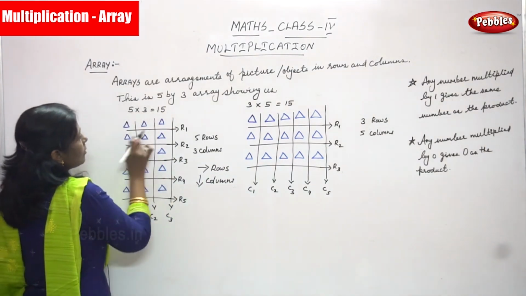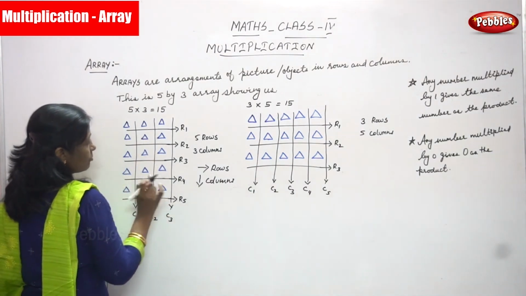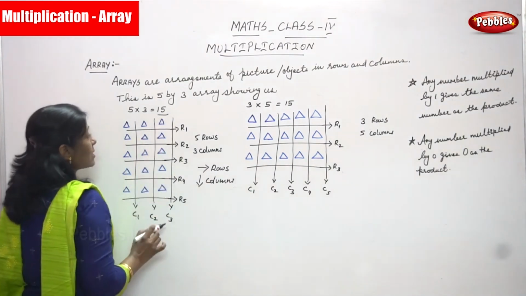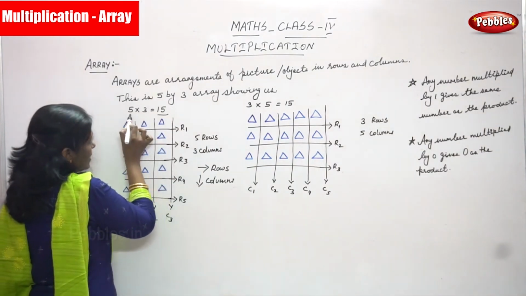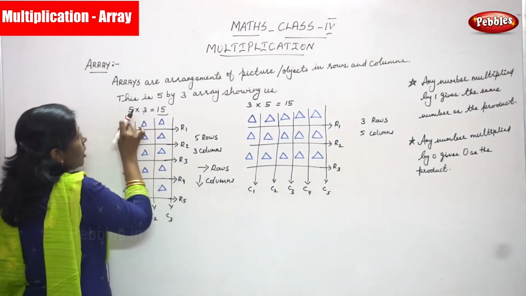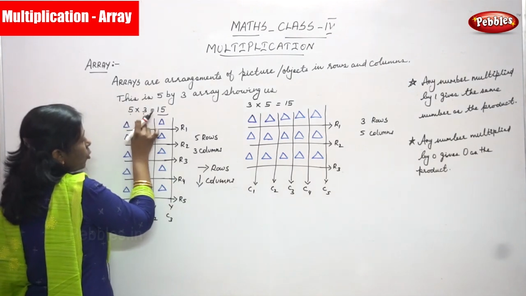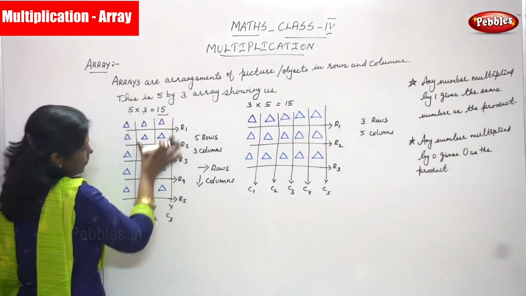Counting 1, 2, 3, up to 15, you get the product. This 5 is the rows and this 3 is the columns, arranged in a proper order.